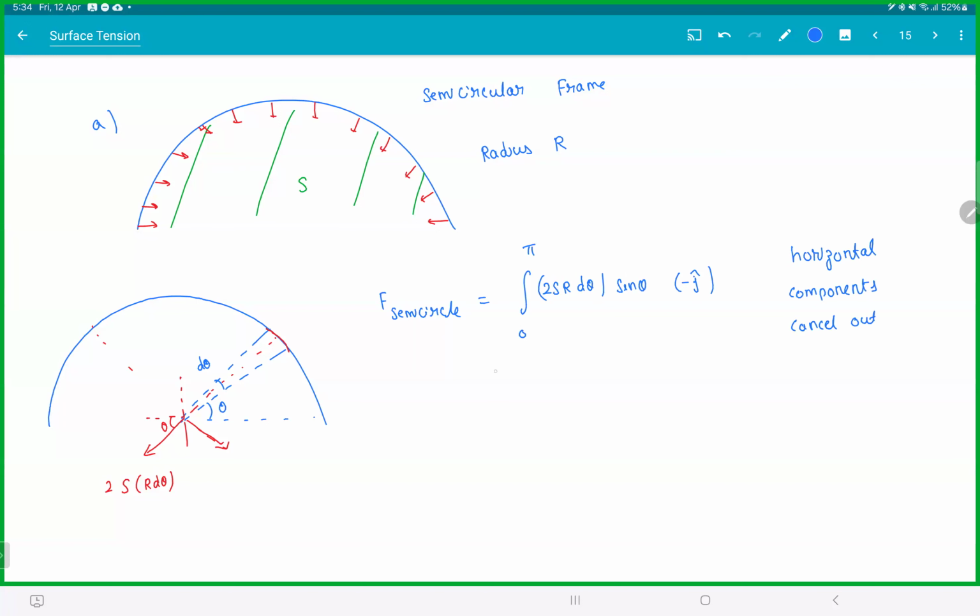Theta goes from 0 to pi. This will be 2Sr integral sin theta d theta. You end up with 2Sr, that would be minus cos theta, limits 0 to pi. This would be 4Sr.